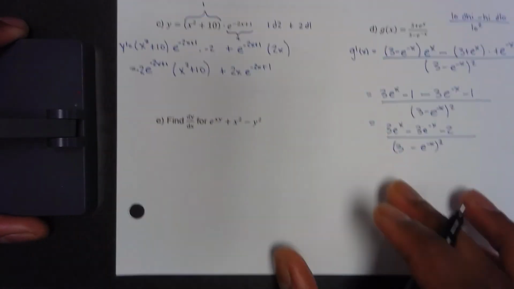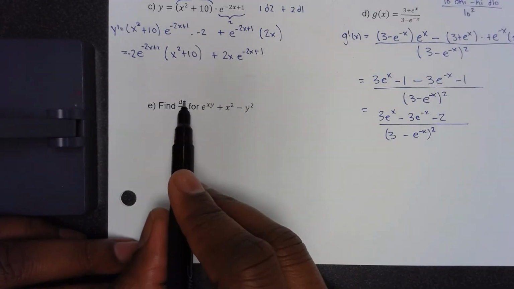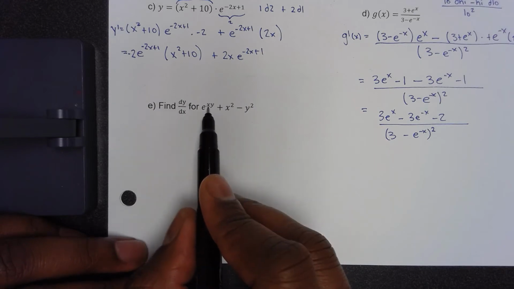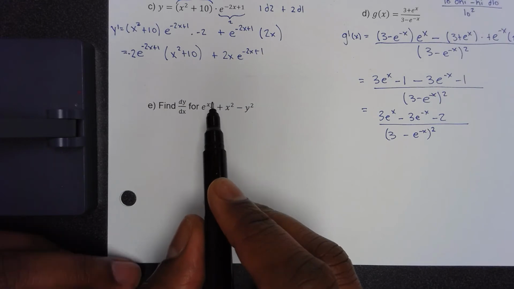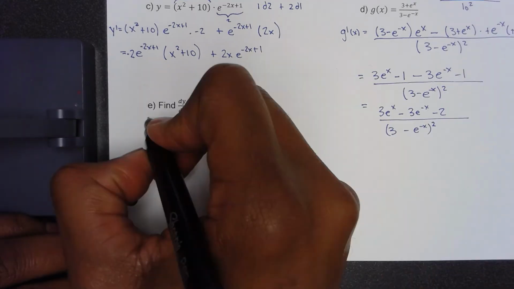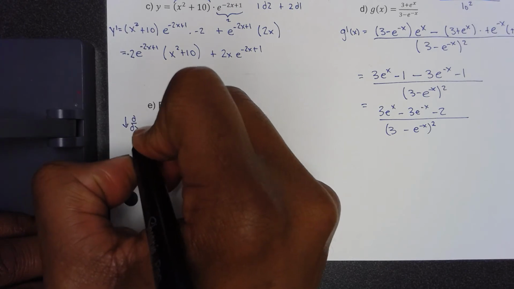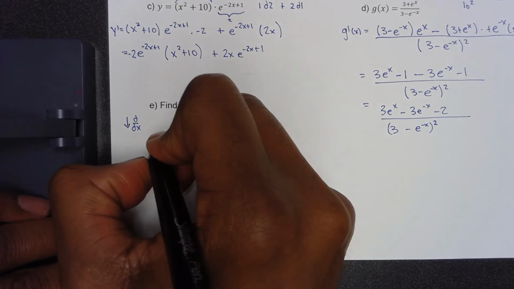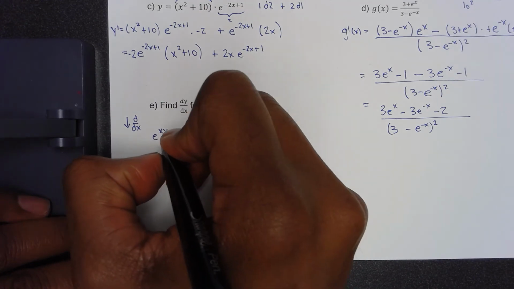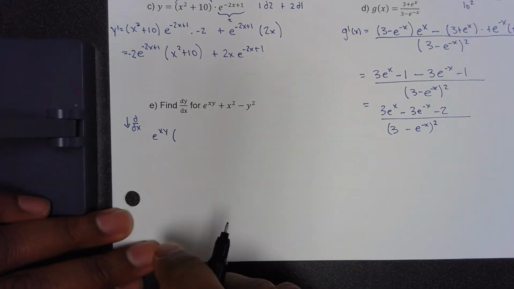For example E, we have to find dy over dx, and notice we have the x and the y mixed with each other, so we'll have to do implicit differentiation. Imagine that we already applied our derivative operator. So we would get e to the xy times the derivative of the exponent, which requires the product rule.